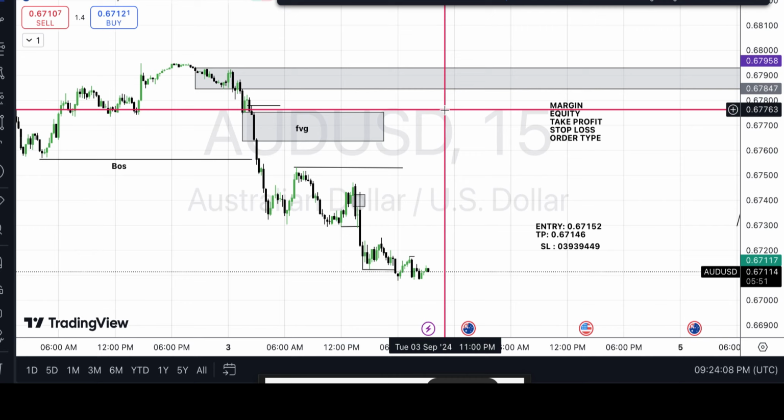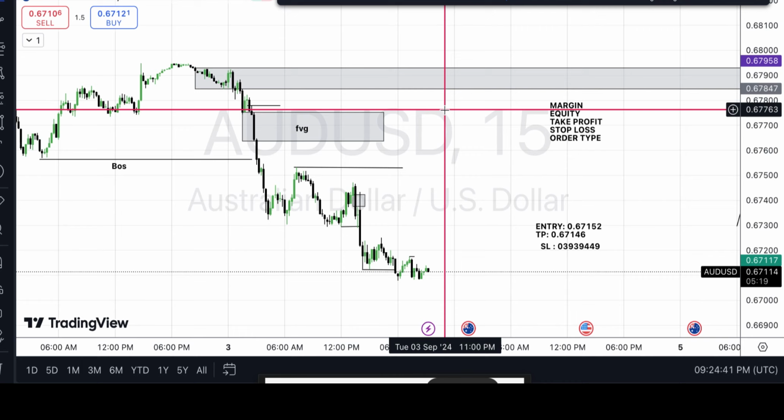So there are types of limit order, buy limit and sell limit. Buy limit is placed below the current market price, anticipating a potential drop, or anticipating a potential drop followed by an upward movement.